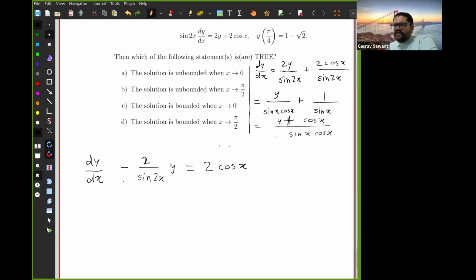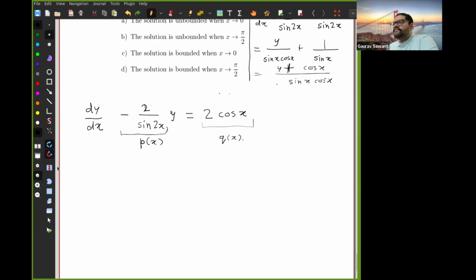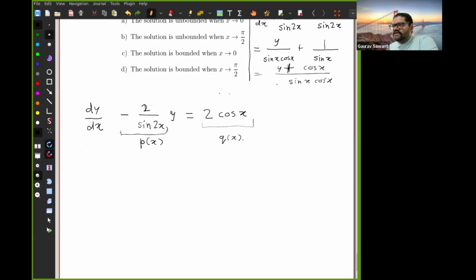Why did I convert it in this form? Because I just realized that this part and this part happen to be functions of x alone. So this is p(x) and this is q(x). Such a thing can be solved using a much simpler integrating factor. This is of the form of a linear differential equation. So therefore, this can be solved in a much easier way.